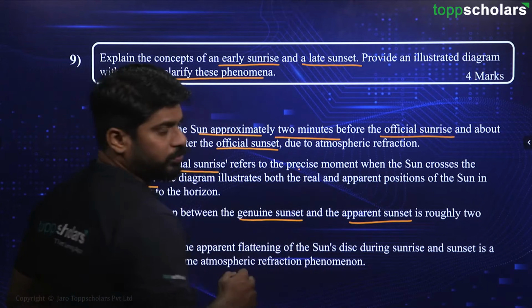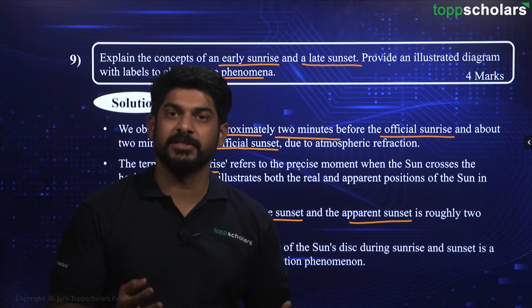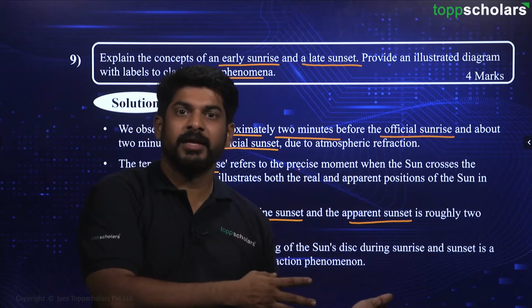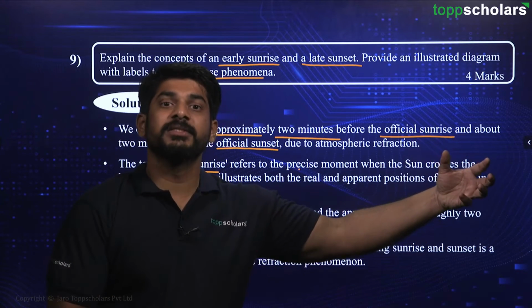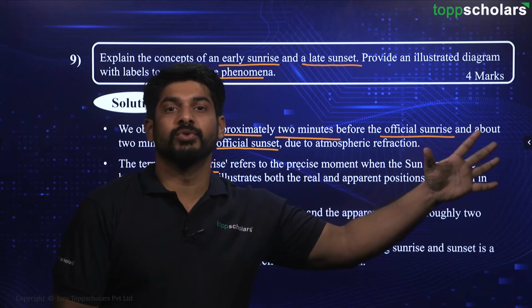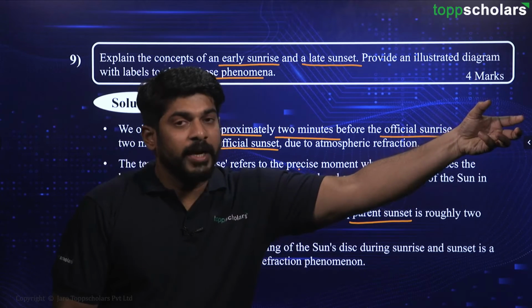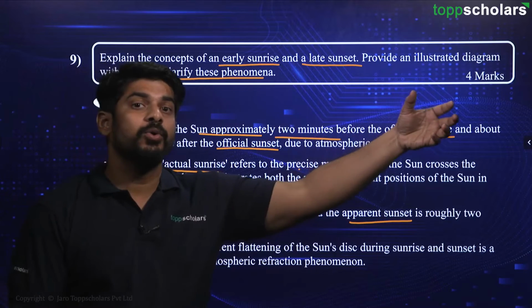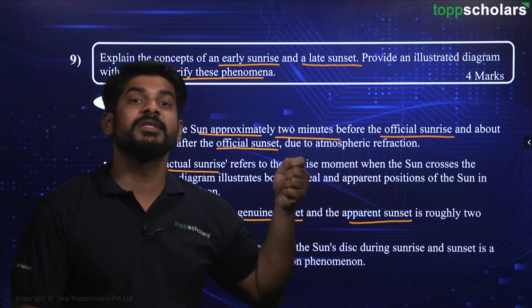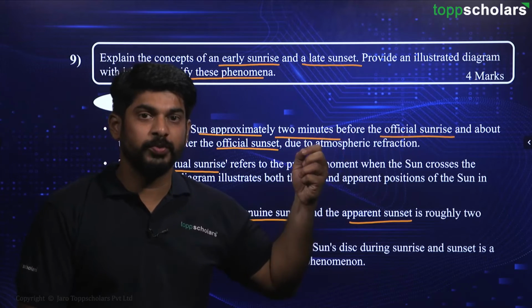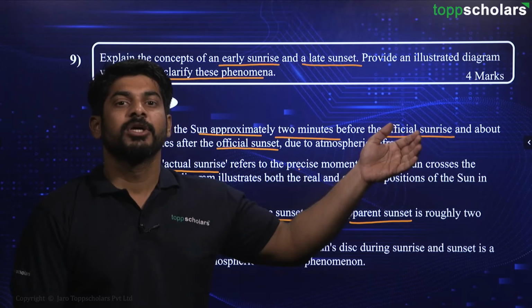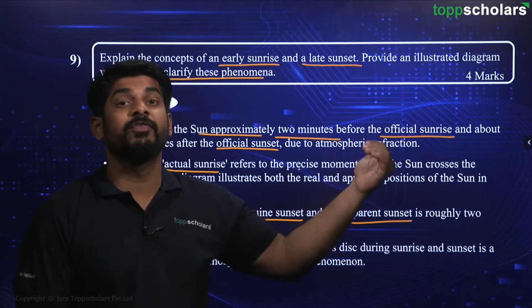refraction phenomenon. So basically what happens in this case is, during the sunrise, let's say, when the sun is just near the horizon, the rays of light coming from the sun have to travel a longer distance through the atmosphere. So when it passes through the atmosphere, definitely it refracts.